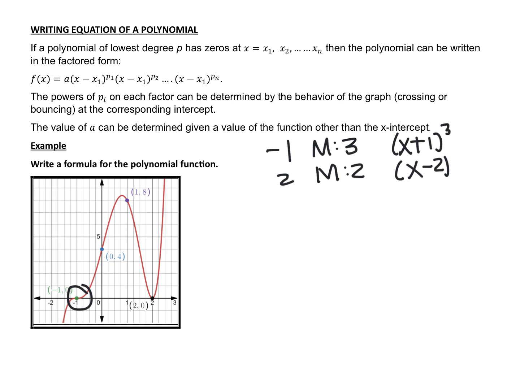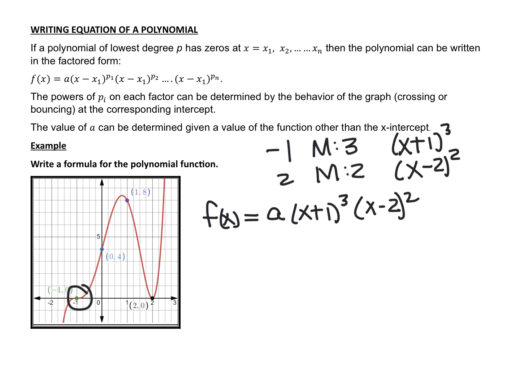This is 3, and this is 2. The degree of this polynomial is 5. Now I'm going to write f of x equals a times (x + 1) cubed times (x - 2) squared.